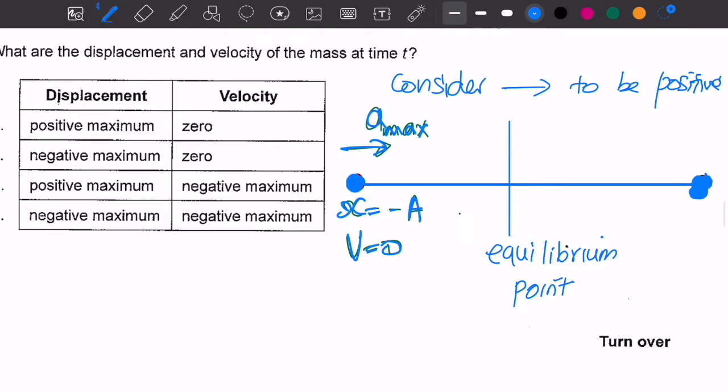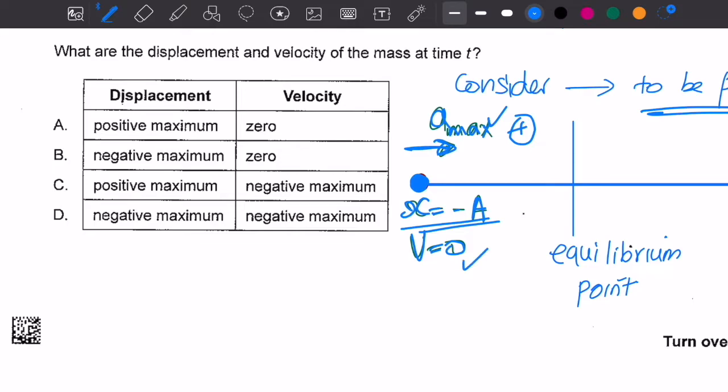In this example, if you take the right hand direction as positive, on the leftmost point, the amplitude is negative, acceleration is towards the equilibrium point, so it is positive. The velocity is 0, and the displacement must be negative because displacement is measured in the positive direction from the equilibrium point. Here it is in the negative direction. So the answer should be B.